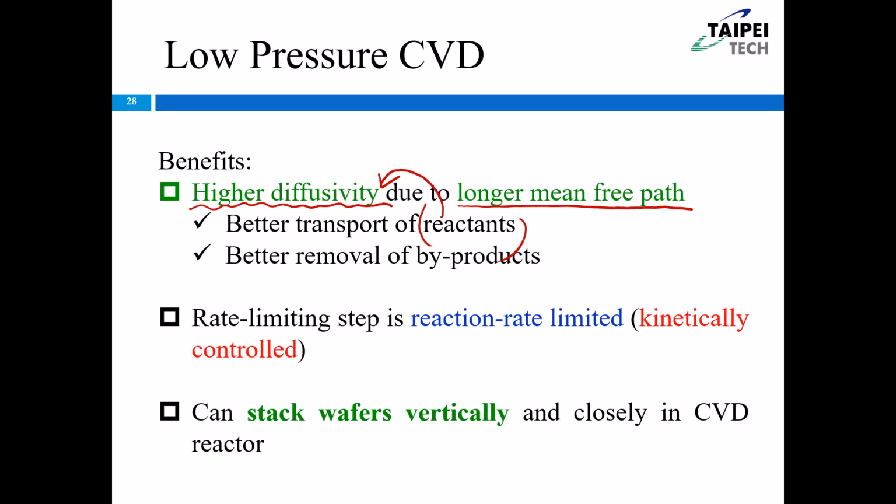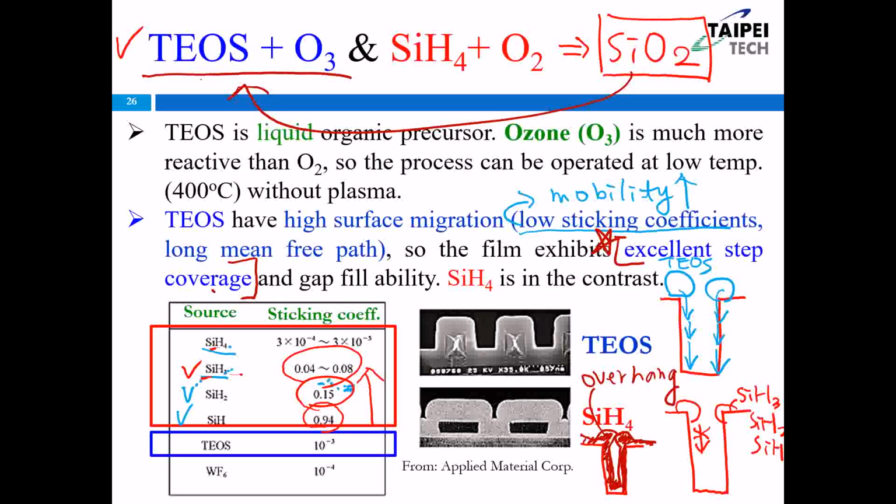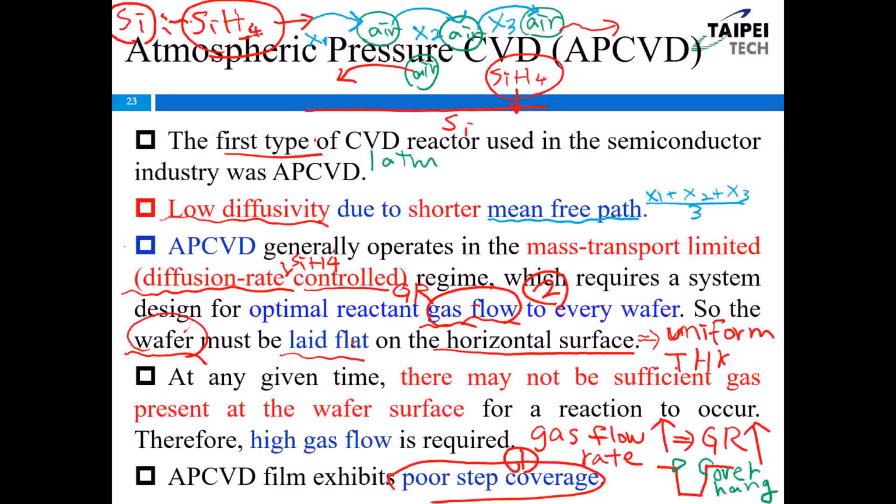So transporting the reactant is easy, and removing the byproduct is also easy, because we don't have a lot of air inside the chamber.